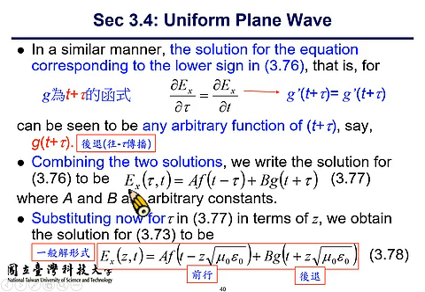The simple answer is, if the variable is t minus tau, then the solution represents a wave that is propagating in the positive tau direction or positive z direction.